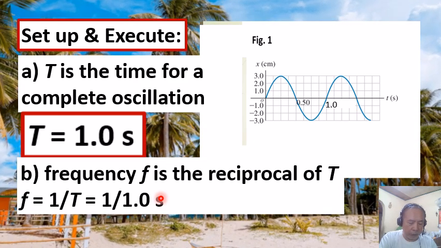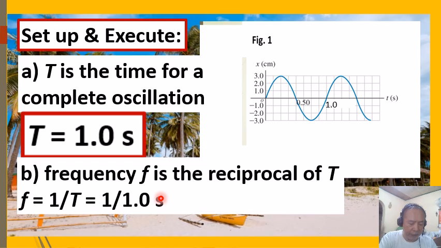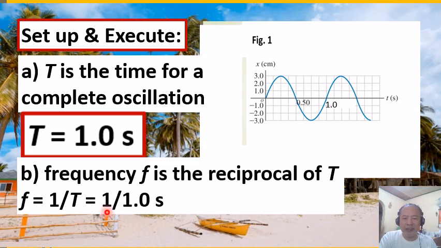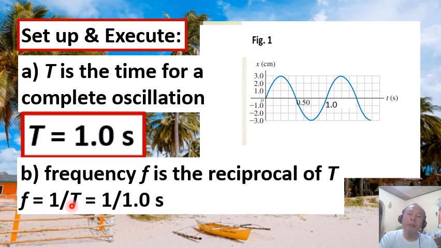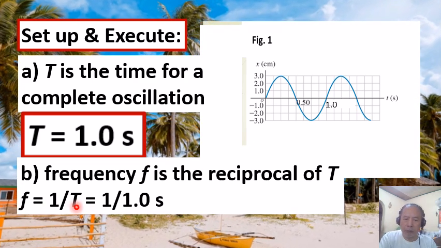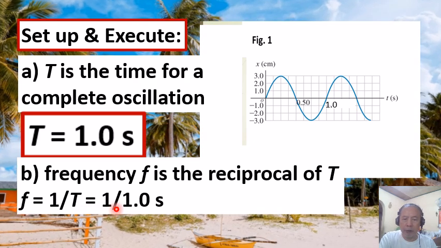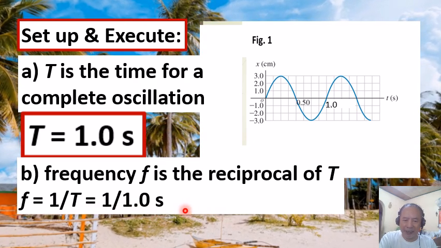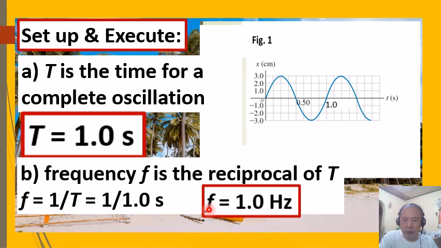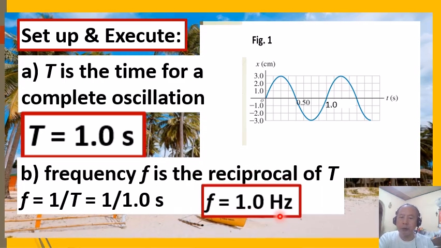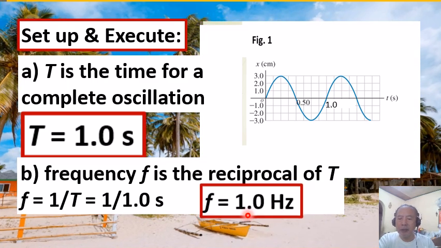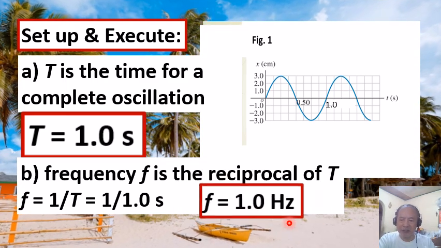So by definition, when you say frequency, it is simply the reciprocal of the period of oscillation, 1 over capital T, or 1 over 1.0 seconds, which of course is equal to 1.0 per second, or 1.0 hertz.